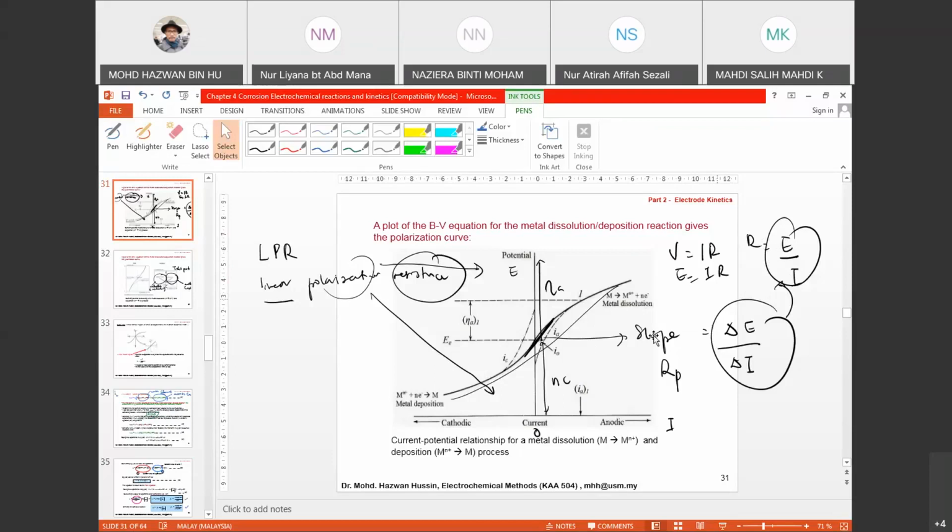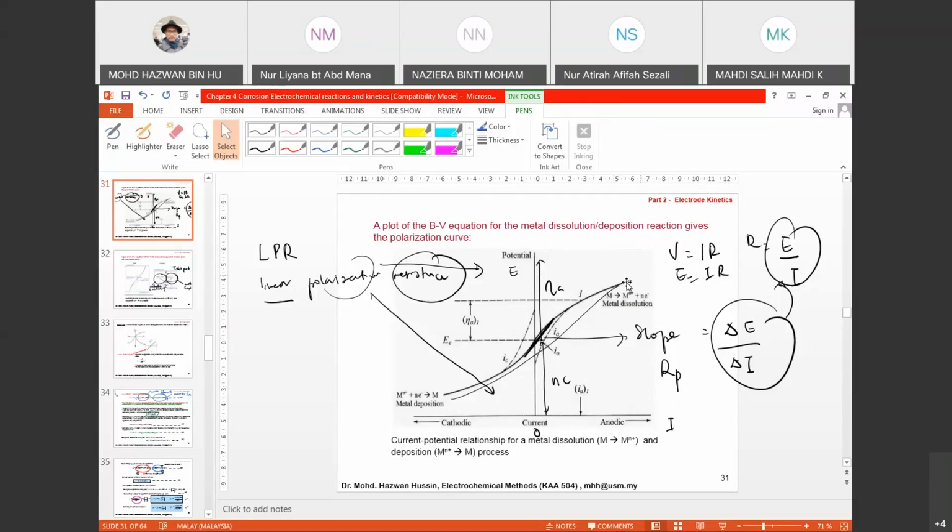If you relate it to this phenomenon, this is a graph plotted potential versus current, and it is a linear form. If we calculate the gradient, the change of potential over the change of current, then this equals the resistance. And the type of resistance is the polarization resistance, because the data is generated from polarization values or polarization data.